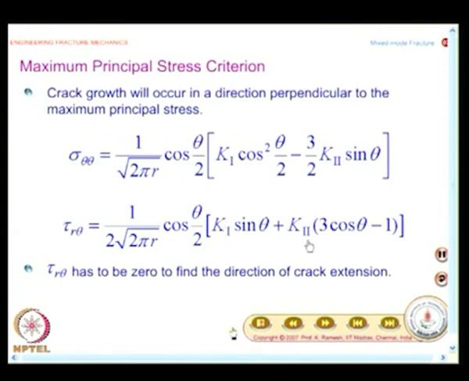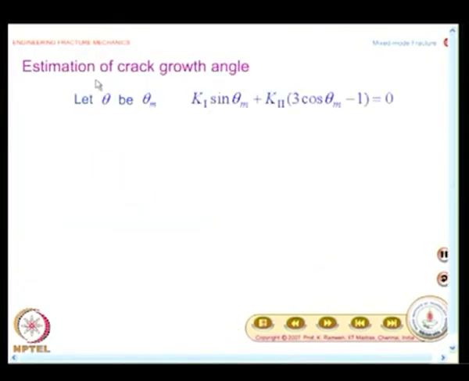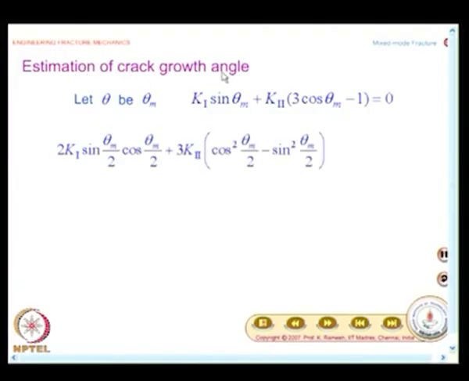This gives me a very important relationship to find out the crack growth angle. Let theta be theta m at which the crack grows. For shear stress to be 0, I get an equation K1 sin theta m plus K2 (3 cos theta m minus 1) should be equal to 0.